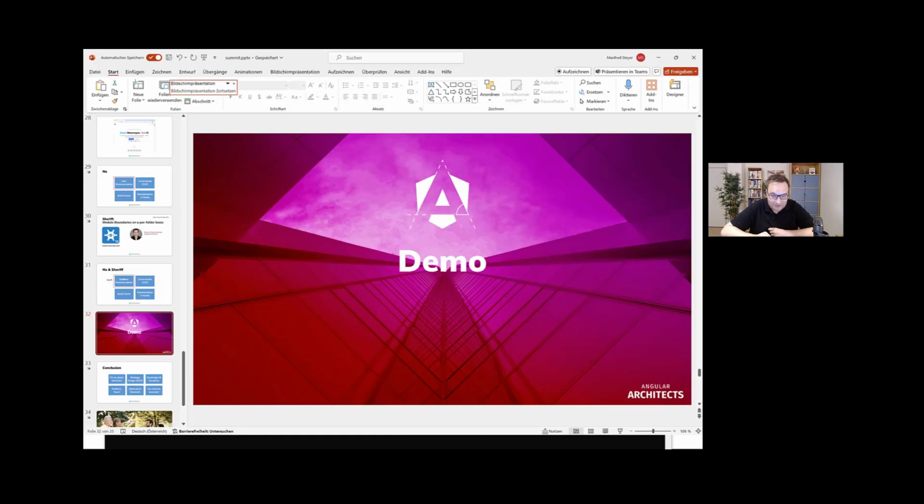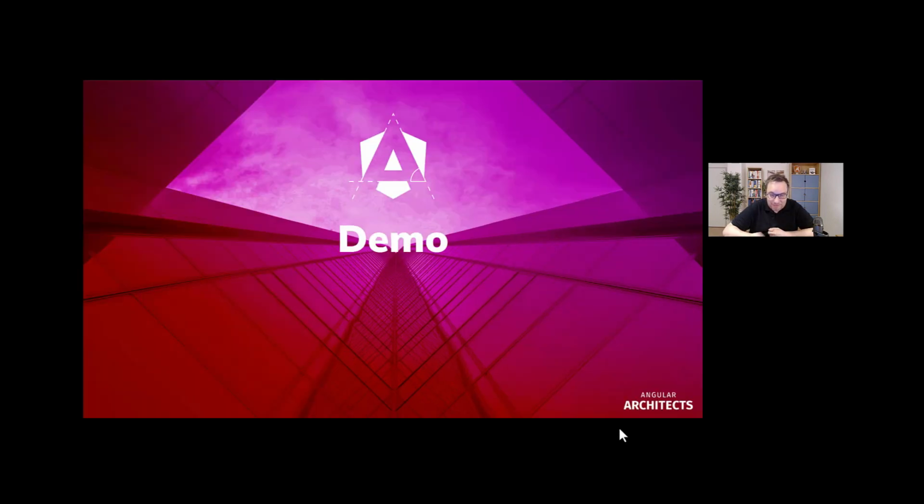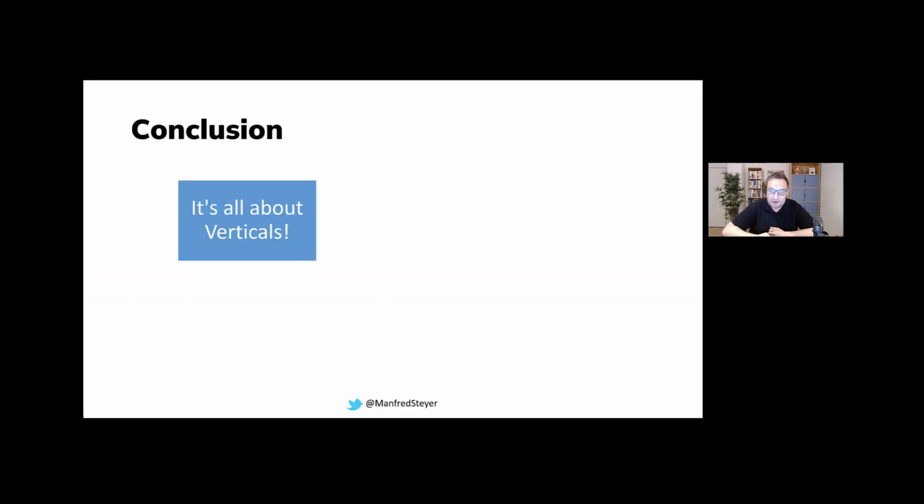Quite smart, isn't it? So let me come to a conclusion. What did we see today? We have seen at the beginning, it's first and foremost about verticals. So in the beginning, we should not think that much about how to implement it. First of all, we need to identify good verticals, good business domains that don't need to know much about each other, good business domains that can be modeled separately.